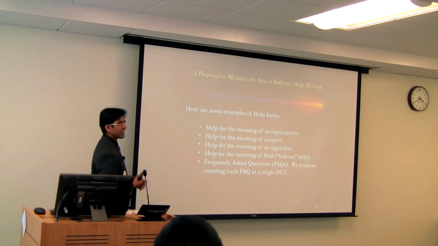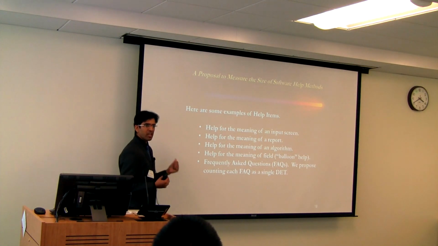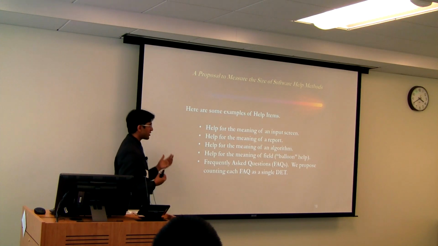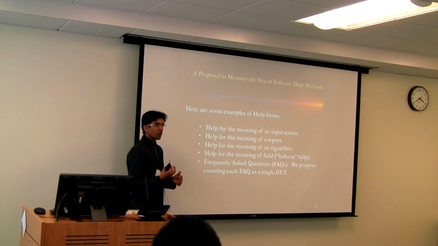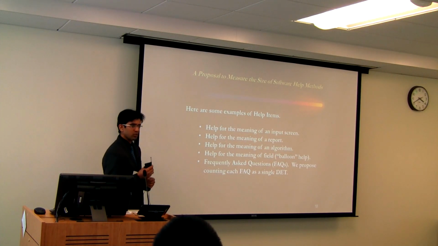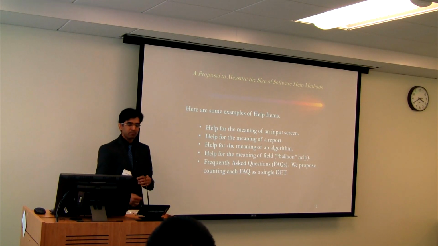Here are some examples of help items: help as the meaning of an input screen, help as the meaning of an algorithm, help as the meaning of a report. And one thing we added to the help item is frequently asked questions. We are going to propose that each frequently asked question should be counted as one single DET.